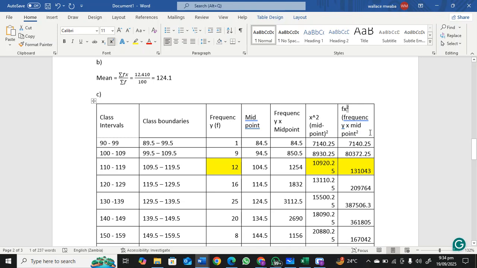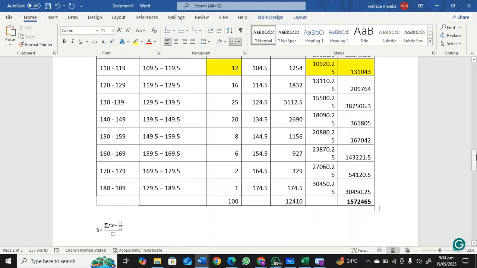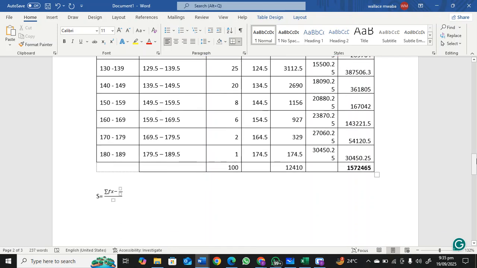I'll put it like this for your studying purposes so that you know what everything is here. X squared, that's midpoint squared.